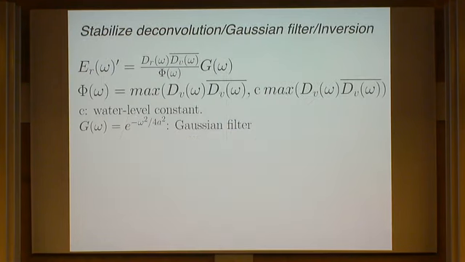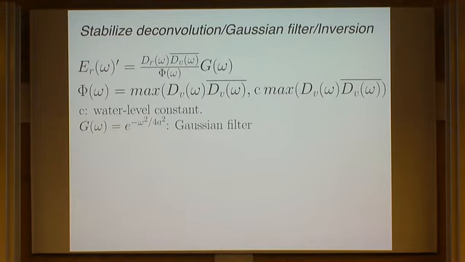So what you can do is some normalization, or in this case, we can put in some sort of water level. So when you divide, you can actually add some constant. In this particular case, we call it the water level constant. What this actually does is basically remove the spectrum holes.